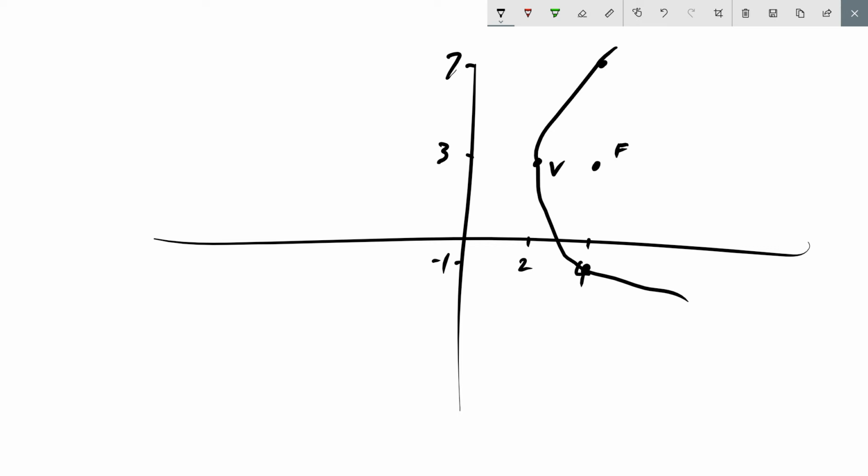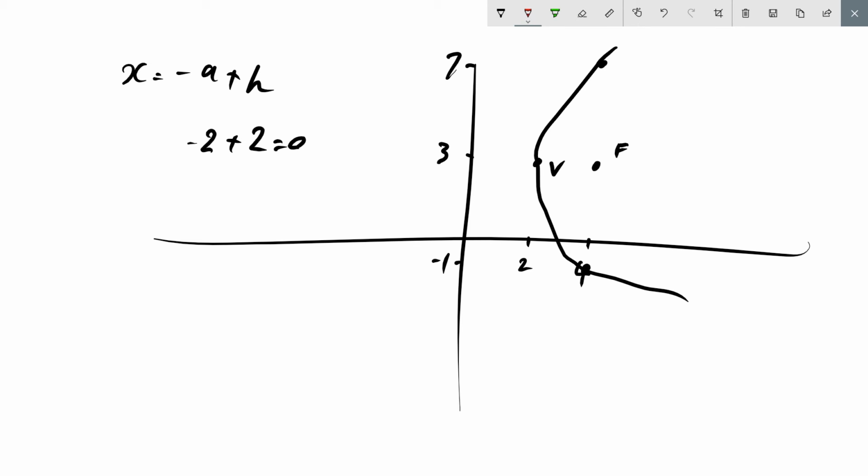There's one last thing that we forgot to do, and that's our directrix. So our directrix is negative a plus the horizontal shift. The horizontal shift is 2, and our a value is 2, but we want the negative of the a value, so negative 2 plus 2 is going to equal 0, so x equals 0.